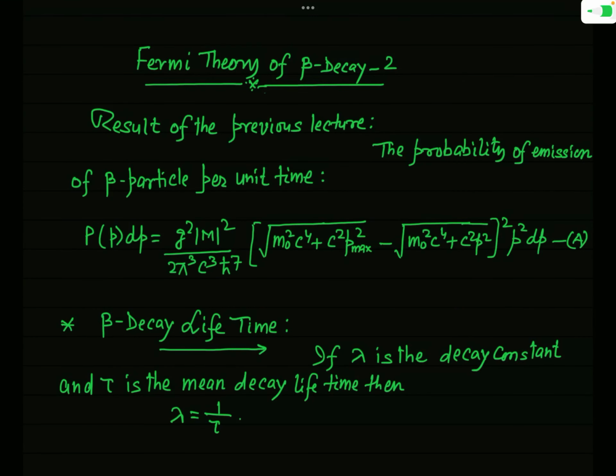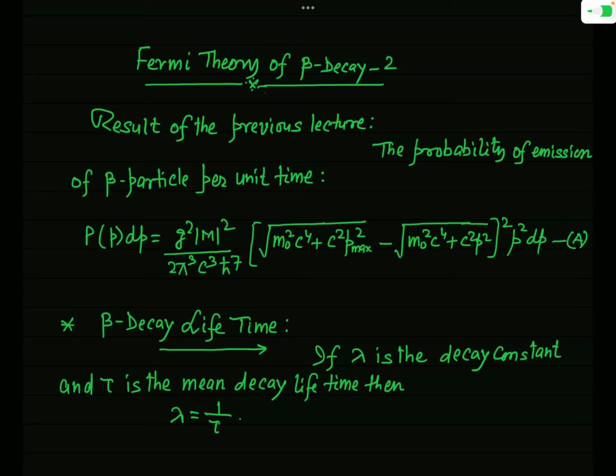We were discussing Fermi theory of beta decay, and in this regard you have seen the first part of this Fermi theory of beta decay previously. Now today this is actually the second part of the lecture on Fermi theory of beta decay.